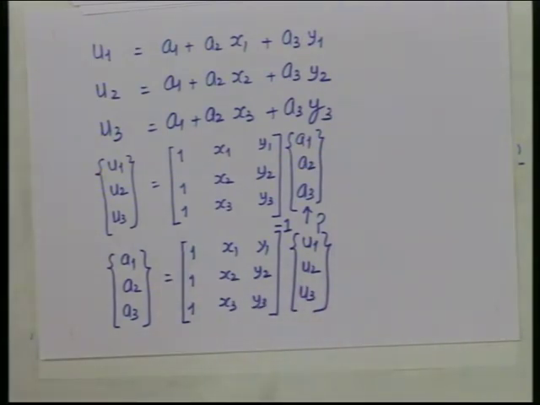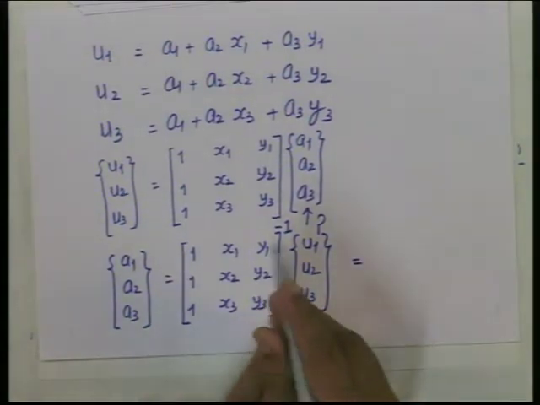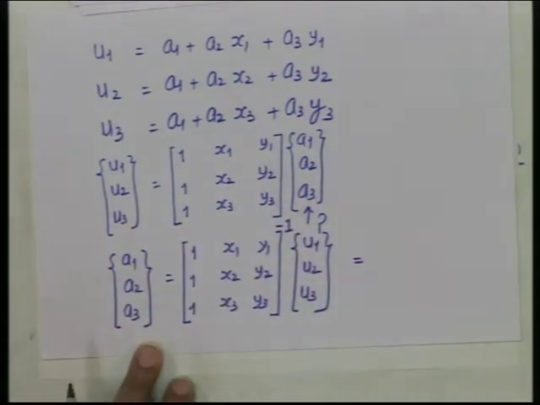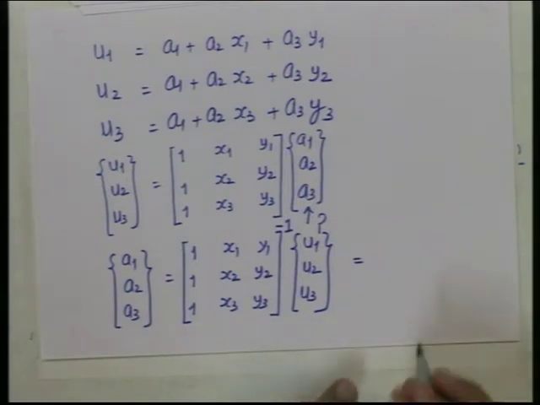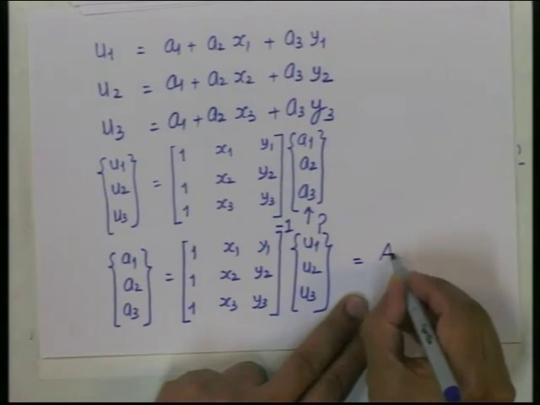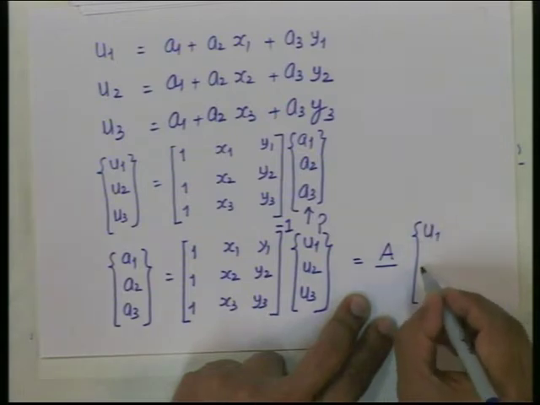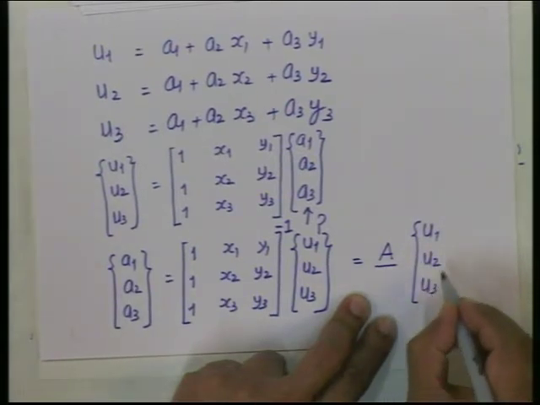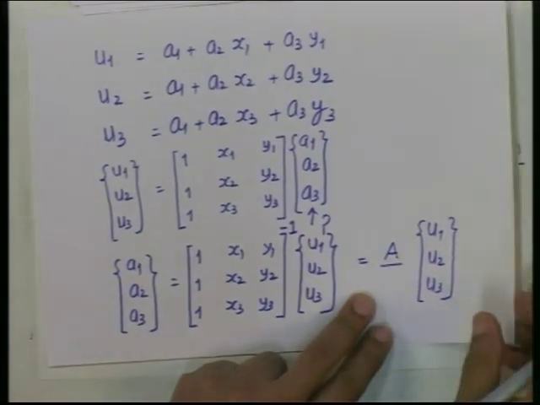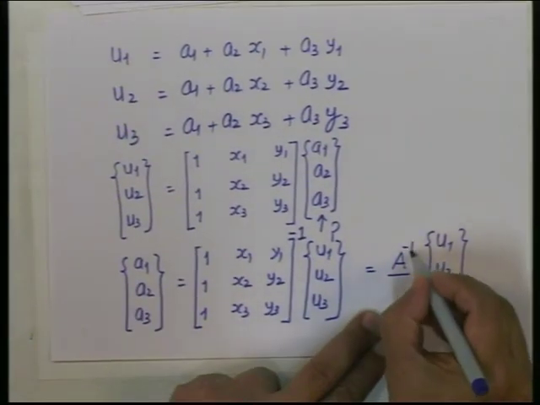So, what you do is substitute. If you call this matrix A, then A inverse times U1, U2, U3 gives the constants.